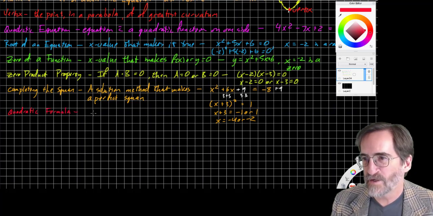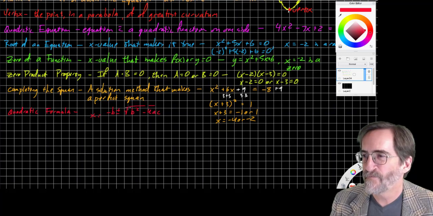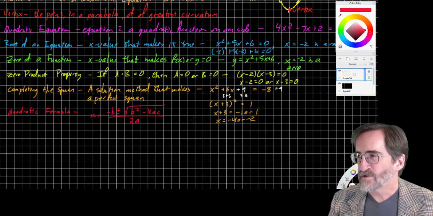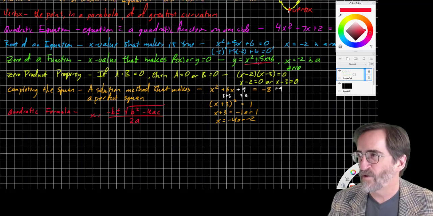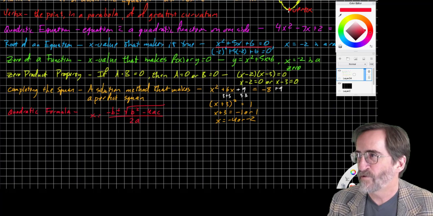This is one that needs to be memorized. X equals -b plus or minus square root b squared minus 4ac all over 2a. Example, I'll use the example x squared plus 5x plus 6 equals 0. Actually, I'll use this example right here.